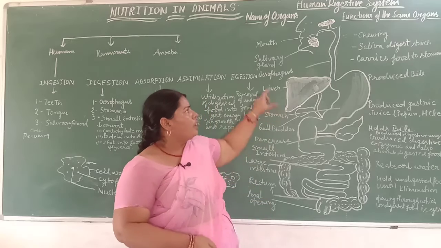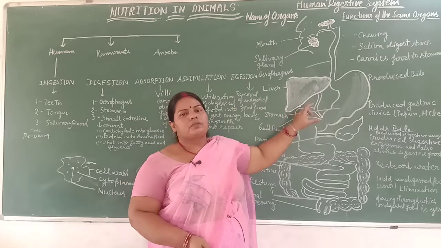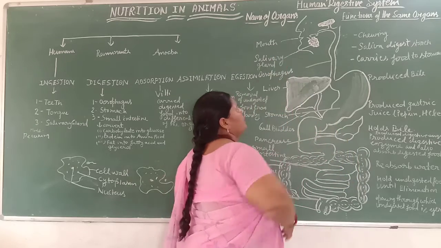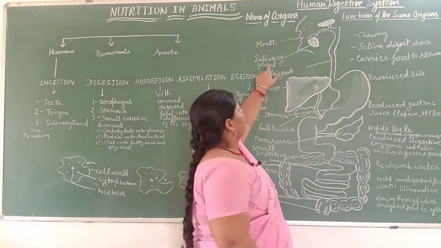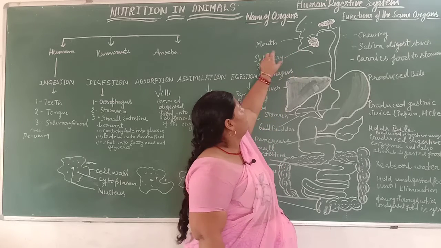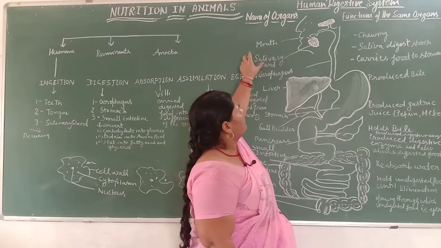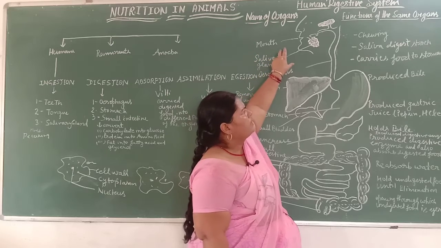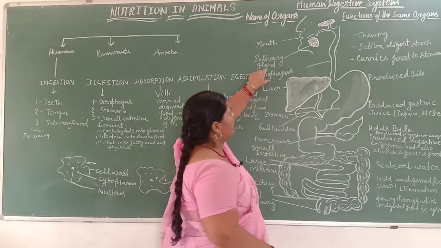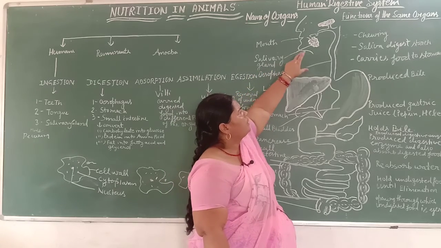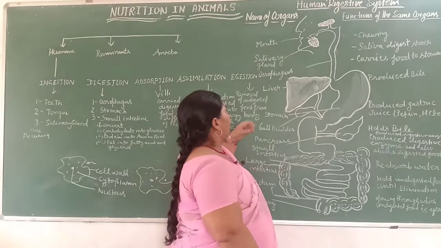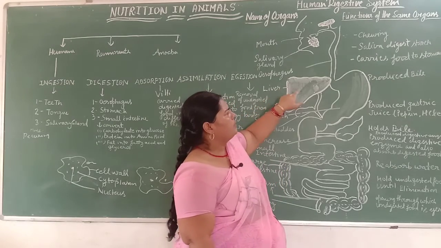So you see all the parts and their functions. The first part is the mouth, whose function is chewing. Second is the salivary gland, which produces saliva. Third, the esophagus, works as the food pipe and carries food to the stomach.